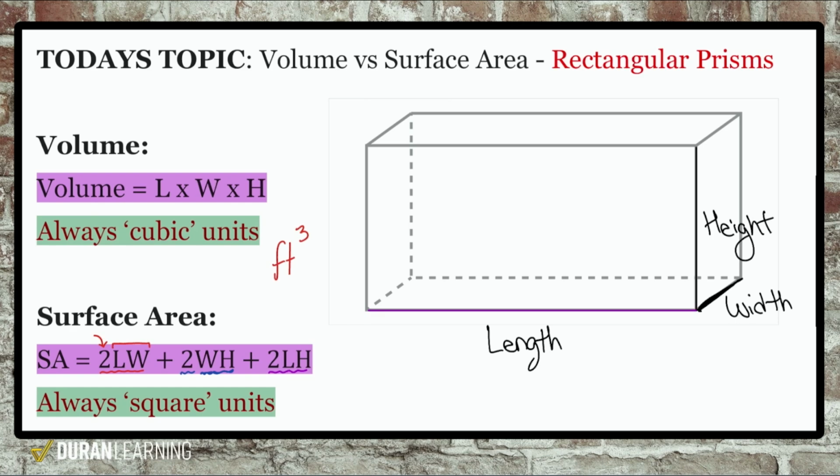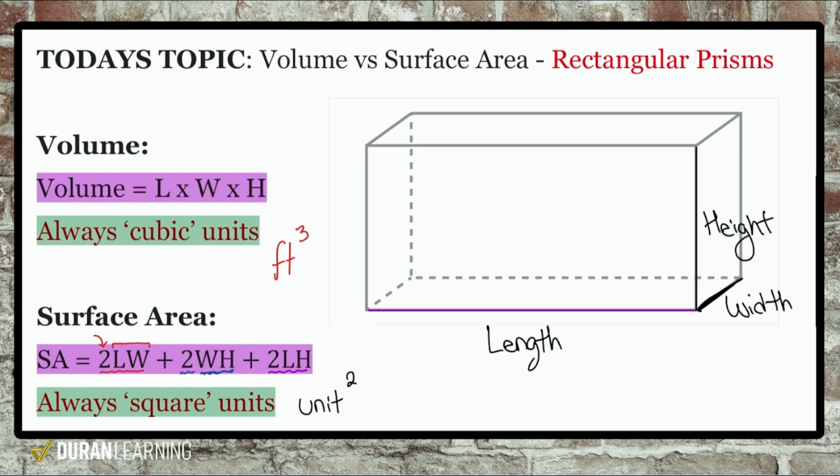Surface area is also 2-dimensional, because all we're doing is looking at the flat space, all the space at the top, on the right, on the front, on the bottom, on the left, and in the back, and we just add up all of that flat 2-dimensional space. That's why area, again, 2-dimensional flat surface, is always square units. So it looks like this, a unit squared, to the power of 2. It could be feet squared, inches squared, centimeters squared, miles squared, whatever squared. But that's going to indicate area.